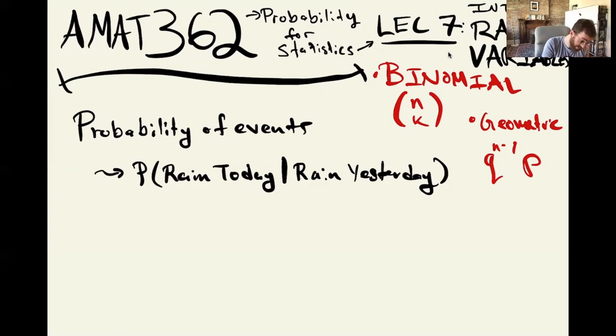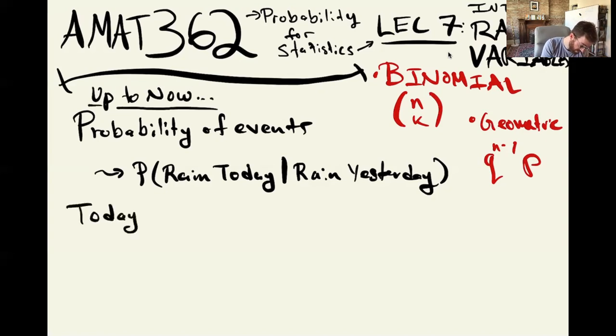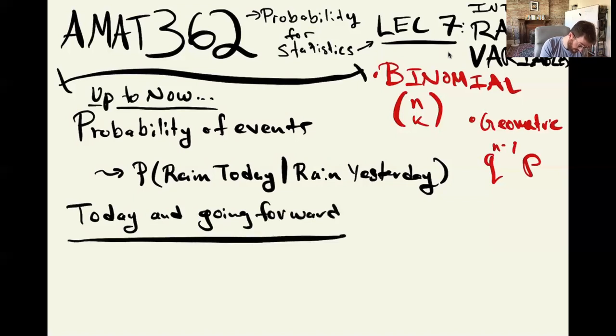Before, up to now, we've been discussing probability of events. And then today and going forward, we're going to be talking about the probability of numbers. We're studying how numbers vary according to some random process.